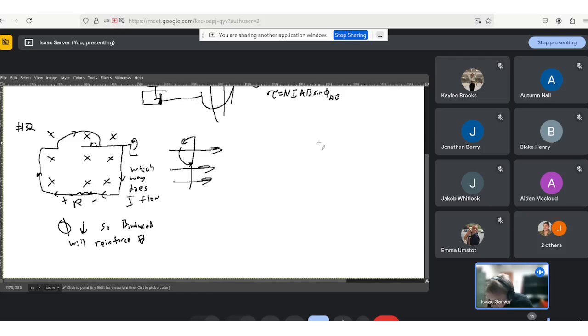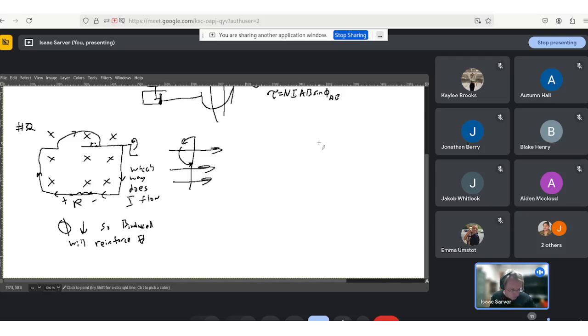Is there any other one here that I really care about? Lenz's law? I don't know if there is. Let's check if there's any other Faraday's law. Oh, right. Did I pick one of these out?